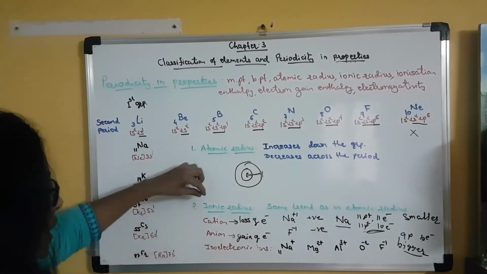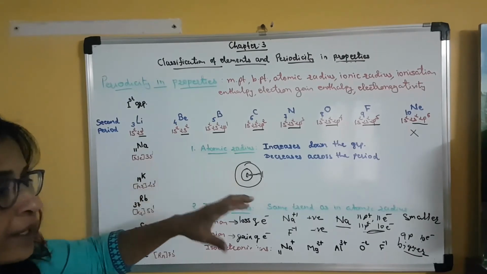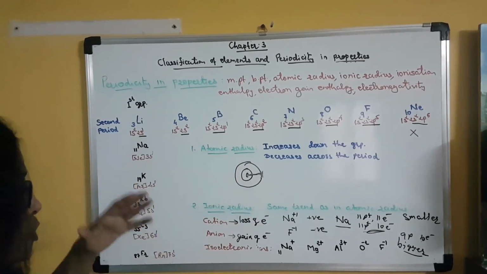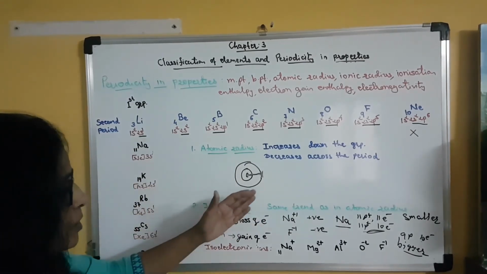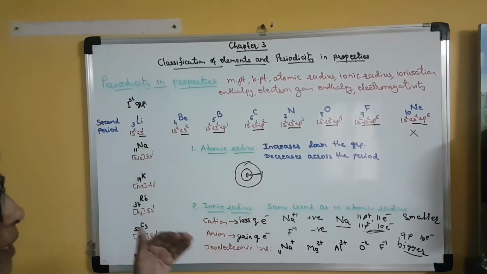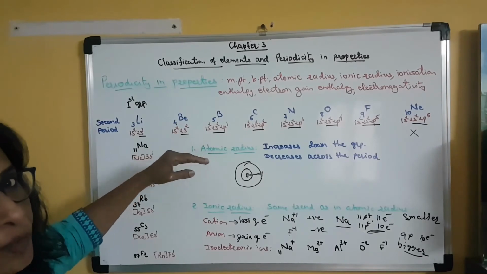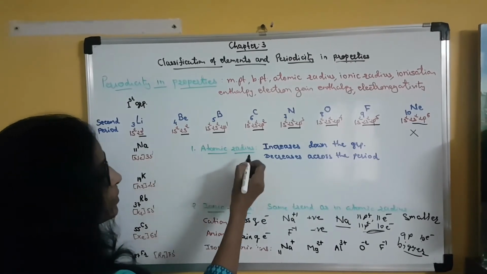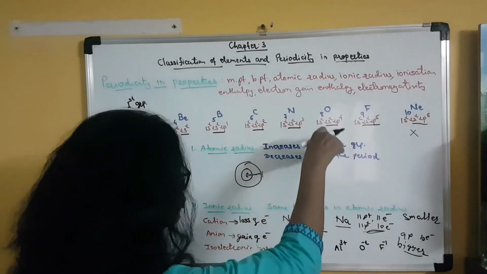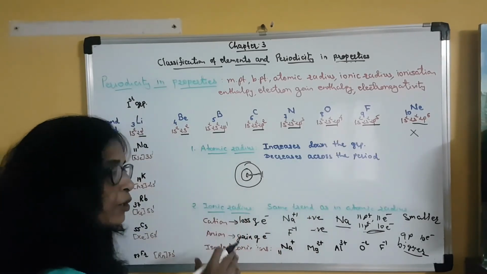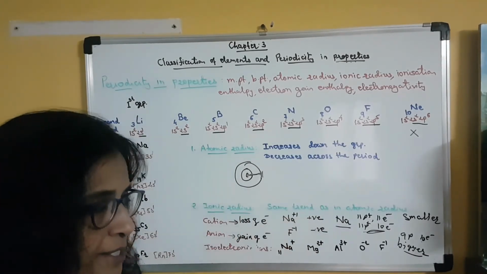Now we go to the ionic radius or the ionic size. The same trend is observed in ionic radius as we discussed in atomic radius. As atomic radius increases down the group, similarly ionic radius also increases down the group.